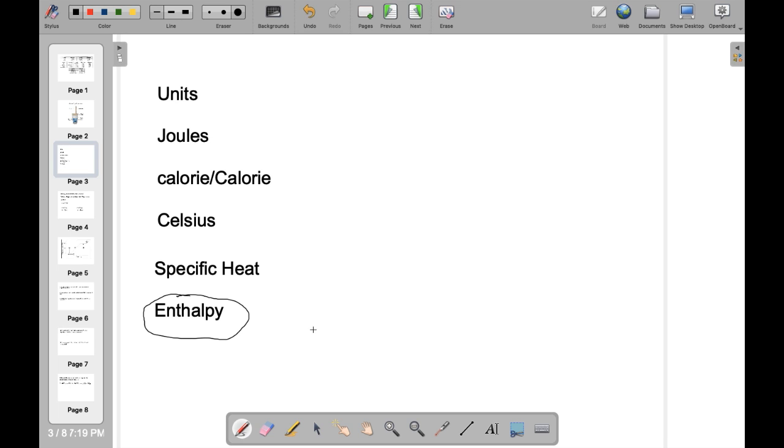So the actual definition is, if I say the heat given off or absorbed when a reaction is run at constant volume and temperature is equal to the change in the internal energy, or enthalpy. So if I have some substance and I'm putting heat into it, I can measure the temperature of this before I put the heat in.